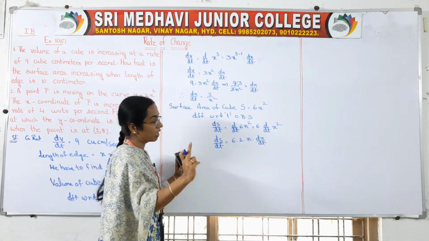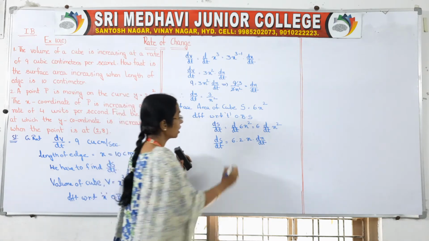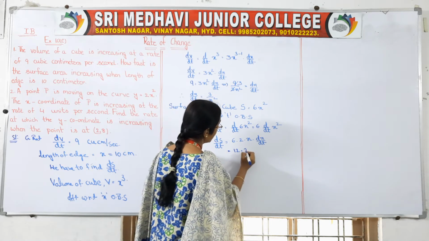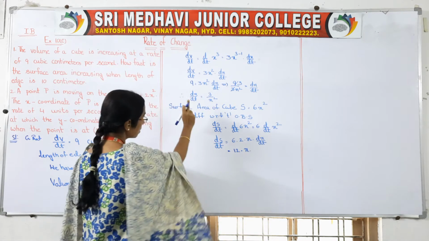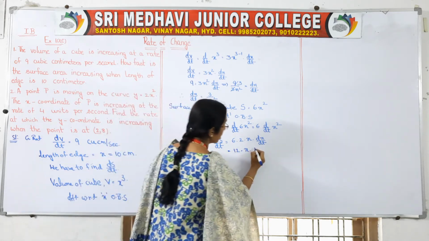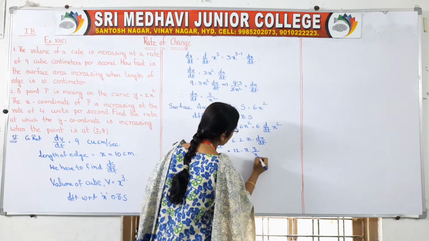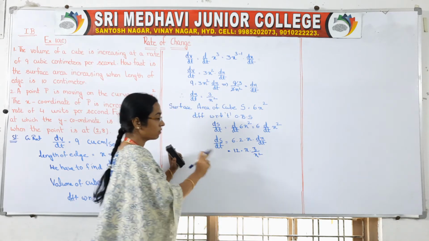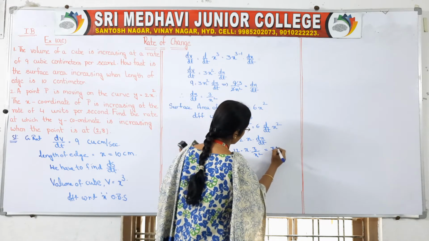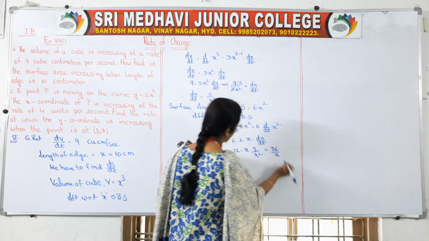X to the power of 1 means x only. So it is equal to 6 twos are 12 into x into dx by dt. What is your dx by dt? This is 3 by x square. So 3 by x square. One x will get cancelled, right? 12 threes are 36 by x.